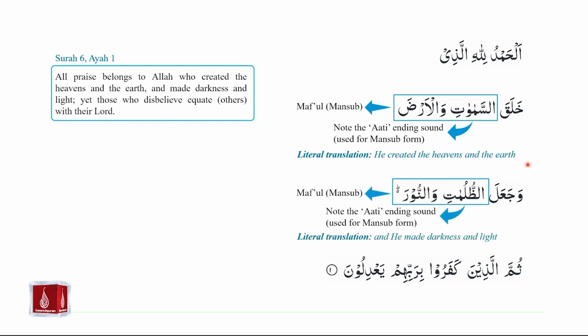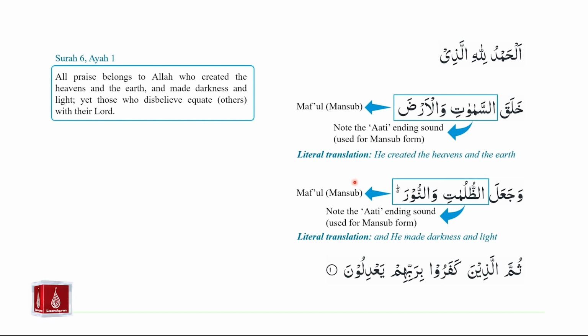Similarly, if we look at waja'ala az-zulumati wan nura, in this case, az-zulumati has the ati ending sound, which again is used to indicate the mansoob form. An-nura is also mansoob. Taken together, az-zulumati wan nura indicates the mansoob form, and therefore it is maf'ul.